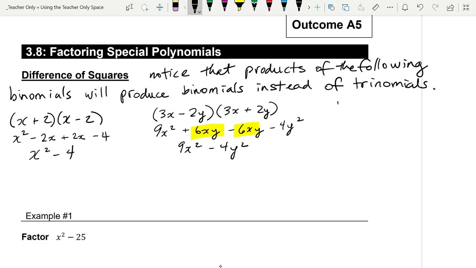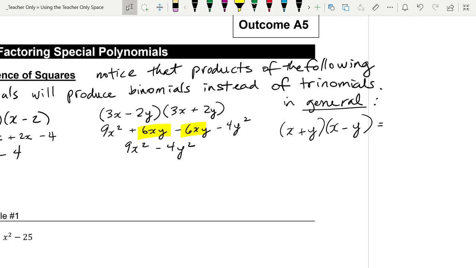I'm going to say in general. In general, that means, to generalize, to make this kind of a pattern that I can apply to any situation like this. If I have x plus y times x minus y, I will always get, sorry, hopefully you can write a little smaller than me, but I've got to be able to be seen.